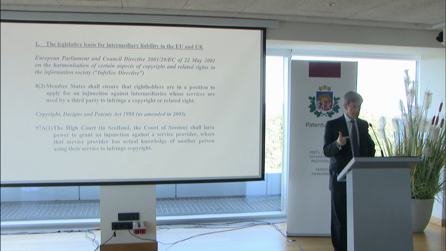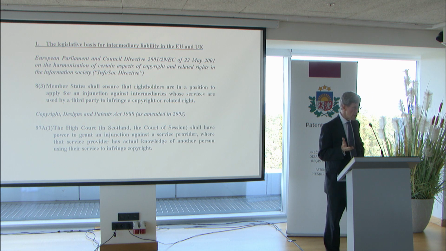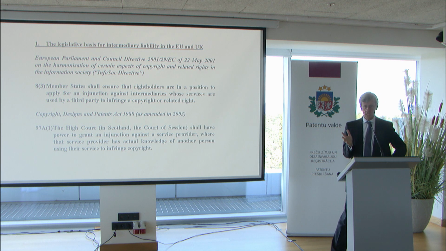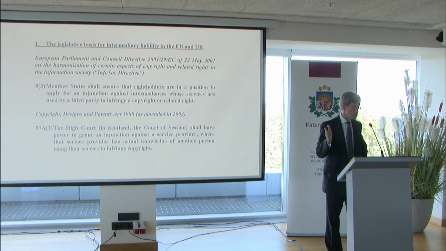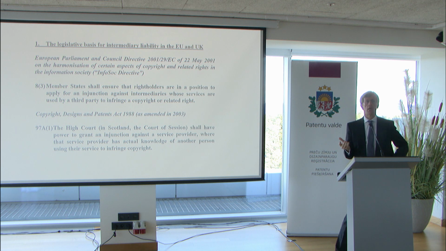Not only that, the other key point to appreciate is that intermediary liability is fundamentally different from both primary and accessory liability. In this way, it is forward-looking, it is not backwards-looking. What do I mean by that?